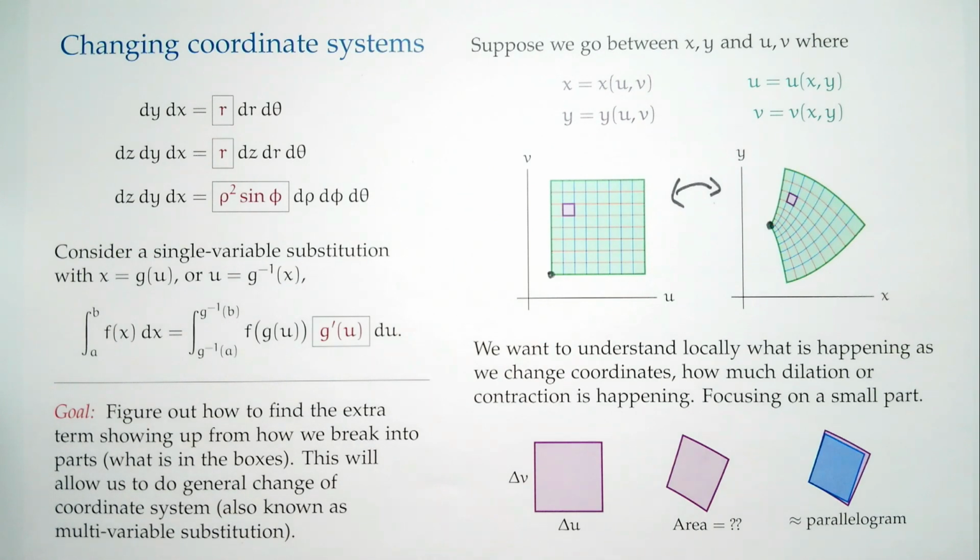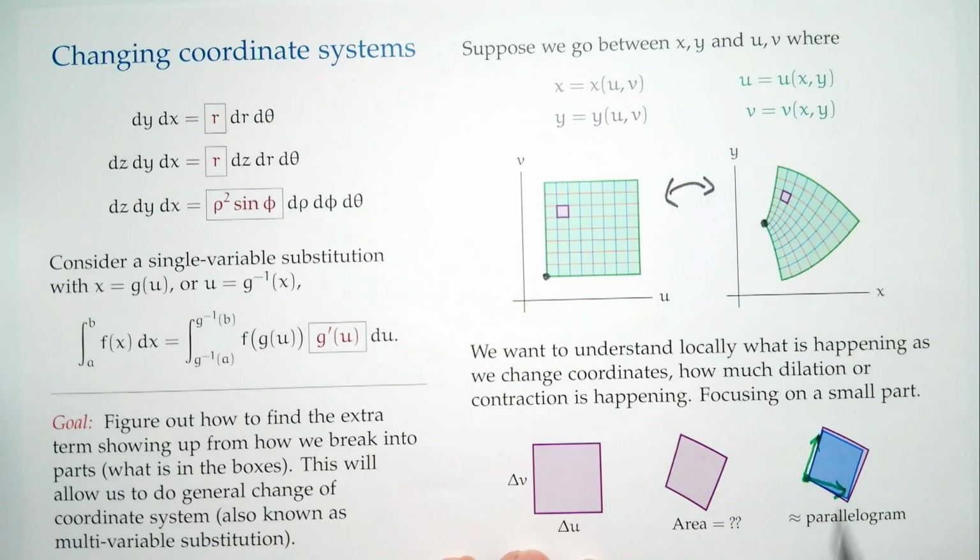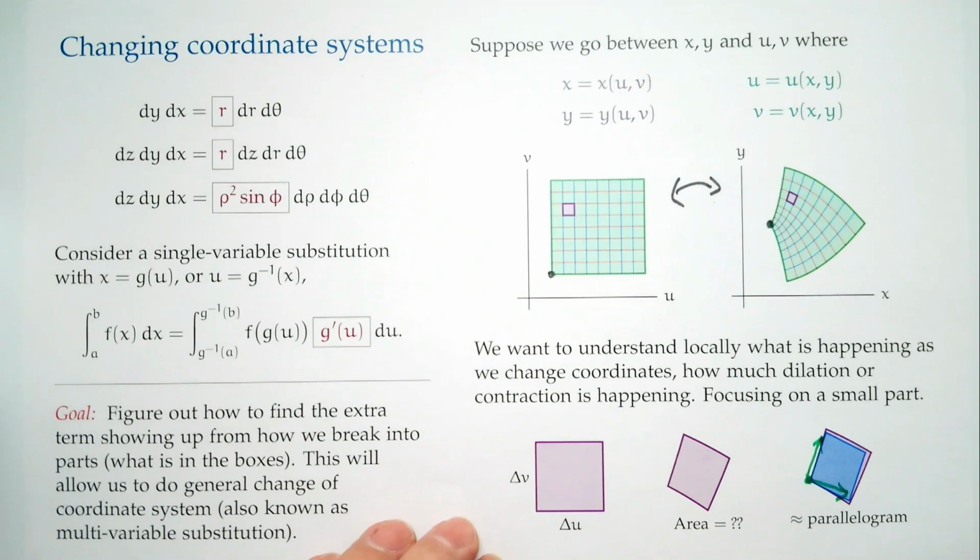So we want to figure out, what does this parallelogram look like? One way is to figure out what vectors are involved on these two sides. This is in the UV plane, and I'm going to map over here into the XY plane.